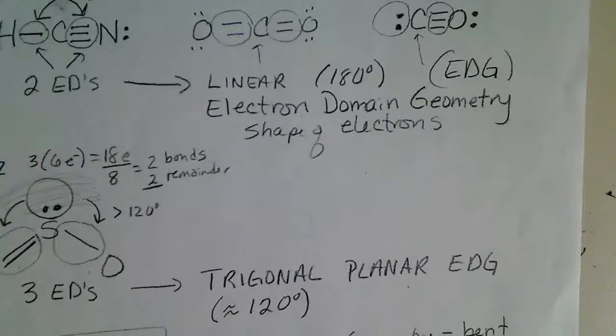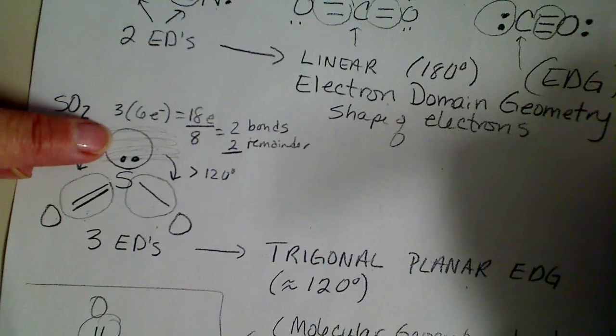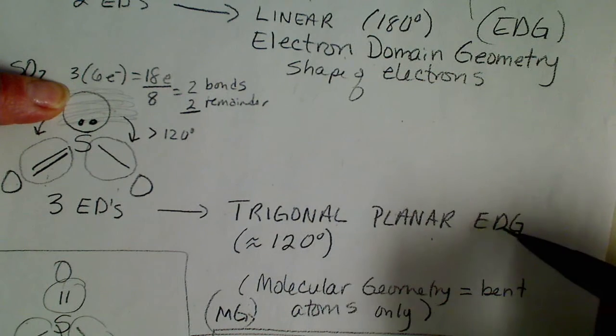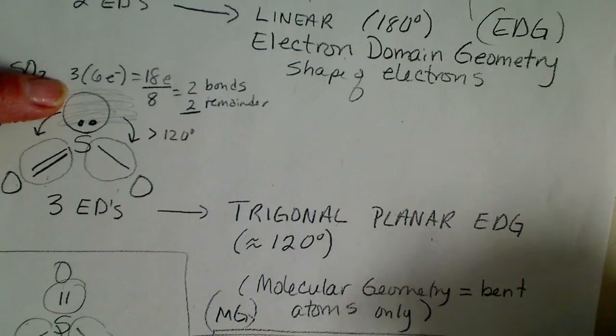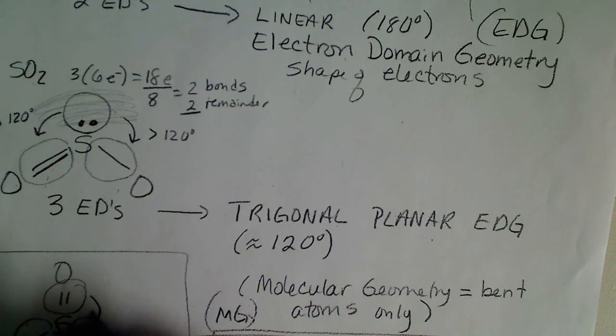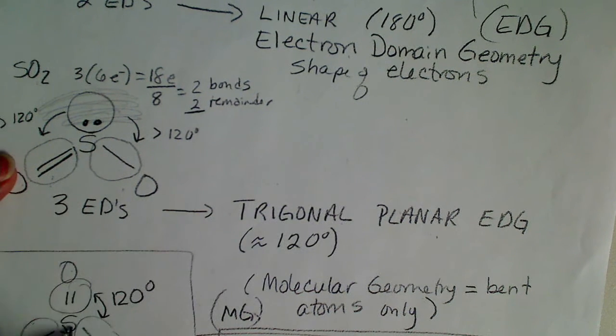So we could have 3 electron domains. If one of the electron domains is a lone pair, then the electron domain geometry will be different than the actual molecular geometry. So again, this one also has 3 electron domains. This one would have exactly 120-degree angles between each sulfur-oxygen bond.